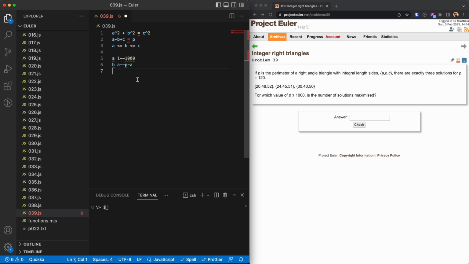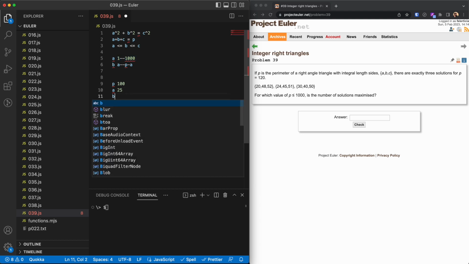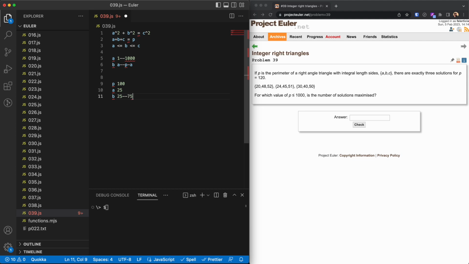So if we say that we have reached a p which is 100 and our a is like 25, one of the iterations, then our b would be going from 25 up to 75.